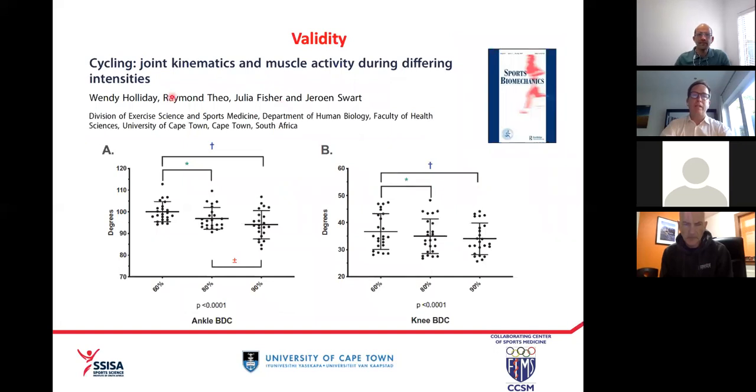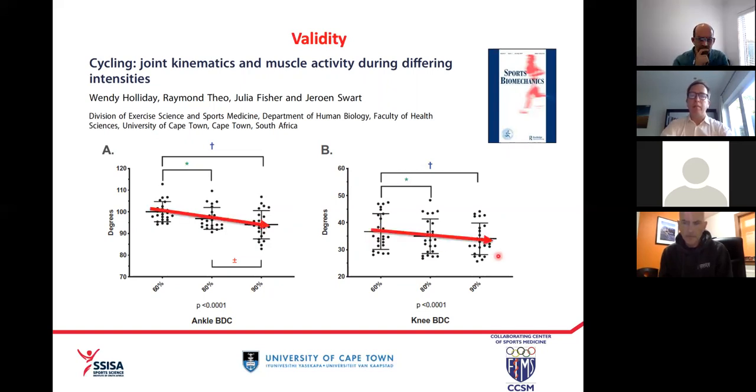If you look at Wendy's study from sports biomechanics, we can see that over a range of intensities from 60% of maximal heart rate to 80% and to 90% of maximal heart rate, we see a progressive change in ankle plantar flexion with a reduction in plantar flexion. So in other words, the ankle moves into a more dorsiflexed position, and associated with that is a change in knee flexion angle.